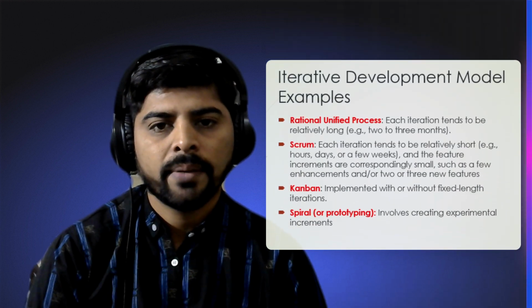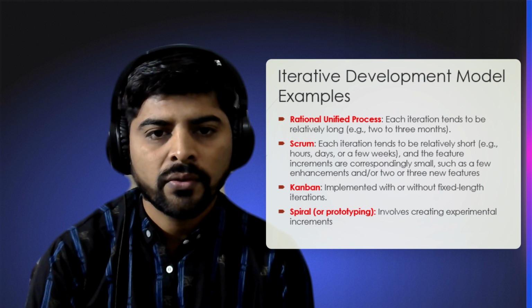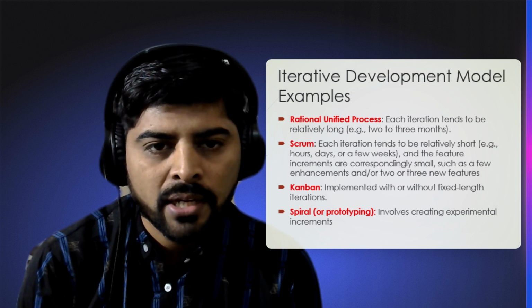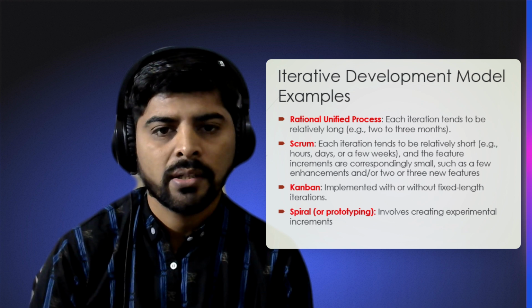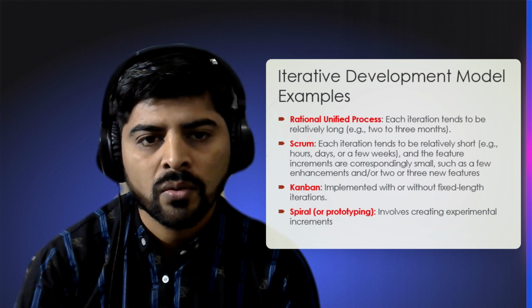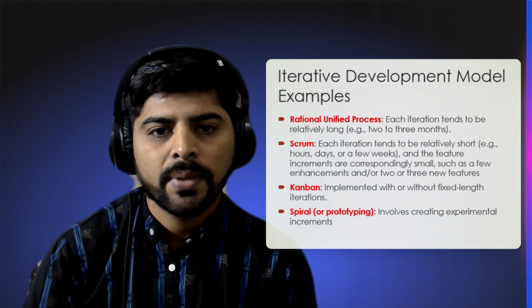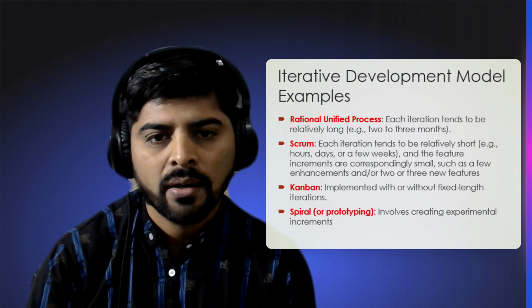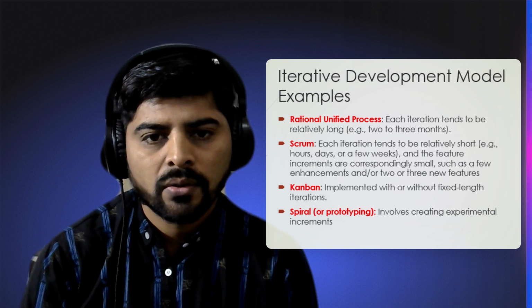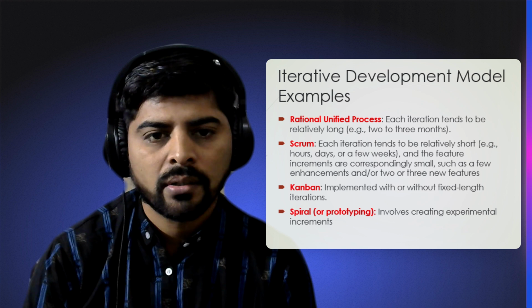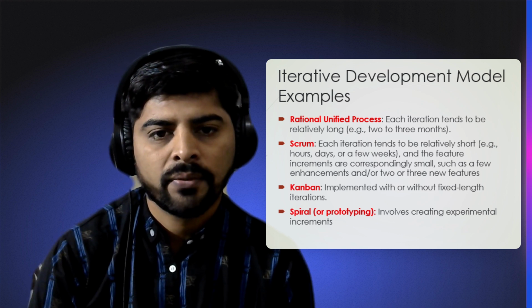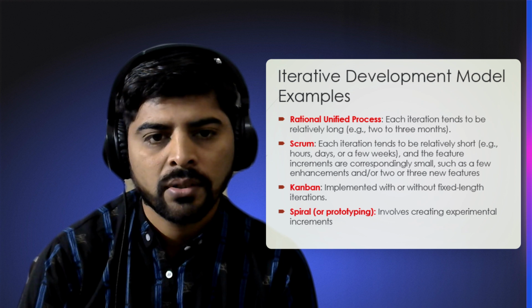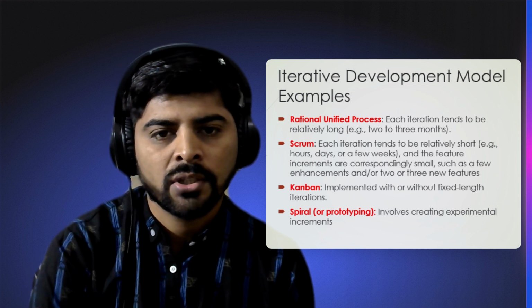In the iterative development model, we have the Rational Unified Process, in which each iteration tends to be relatively long, for example 2 or 3 months. In Scrum, each iteration tends to be relatively short, in hours, days, or a few weeks, so feature increments are small. There can be a few enhancements or two or three new features added in each increment.